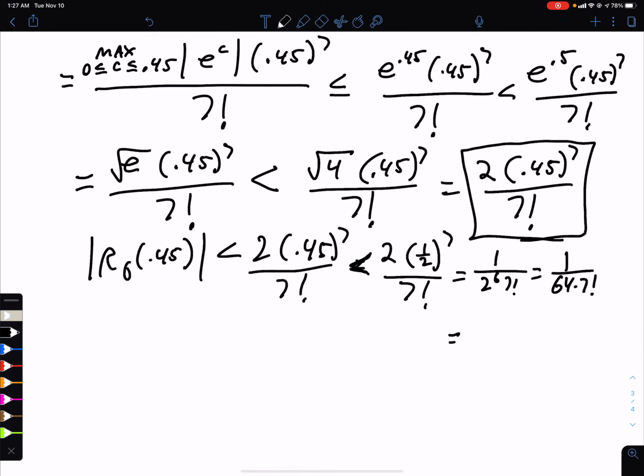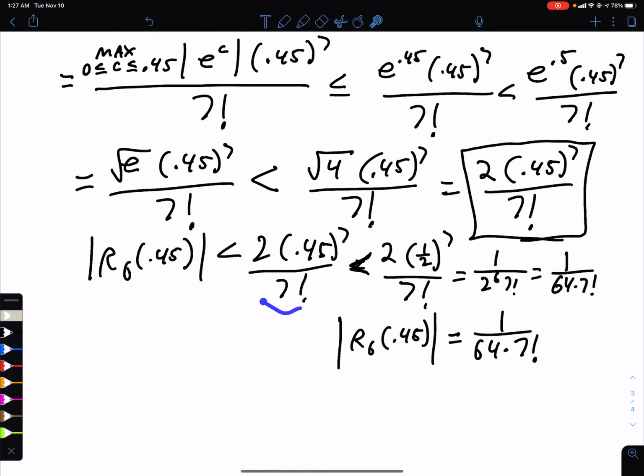We're just trying to make our life easier. Do I want to multiply that? I don't want to multiply that. So I'm going to do this. 1 over 64 times 7 factorial.